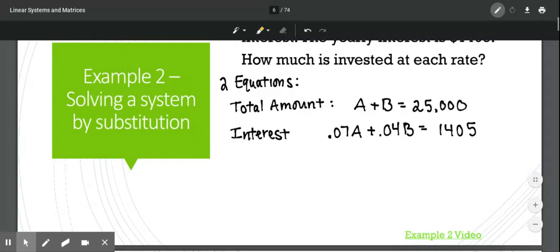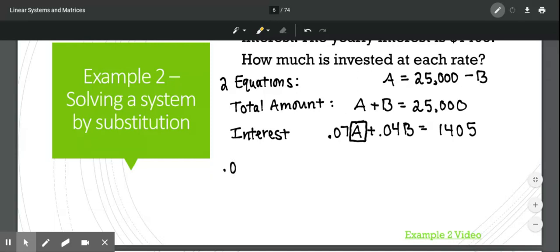And so now if you use substitution to figure out how much is invested, you probably first want to think about which equation would be easier to solve for a variable. And hopefully you think the first one. And it doesn't matter which variable you solve for. So if we take the first equation and we solve for A, we know that A equals 25,000 minus B. And so we'll take that A value, that 25,000 minus B, and we'll plug it into the A in our second equation.